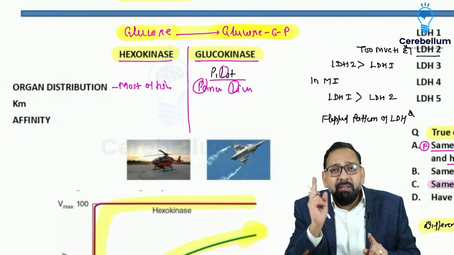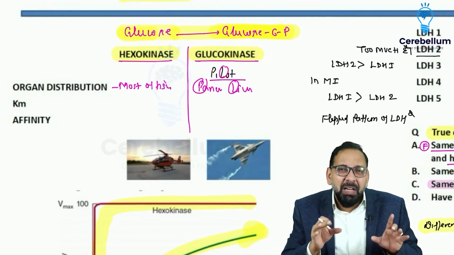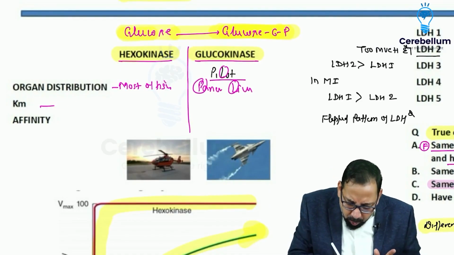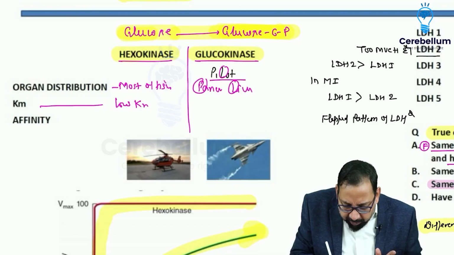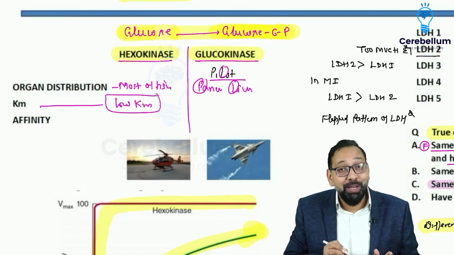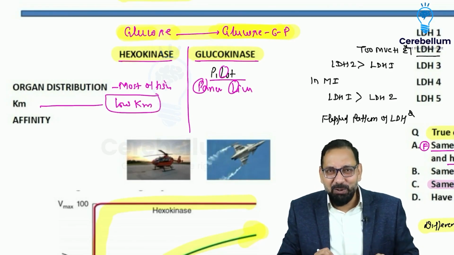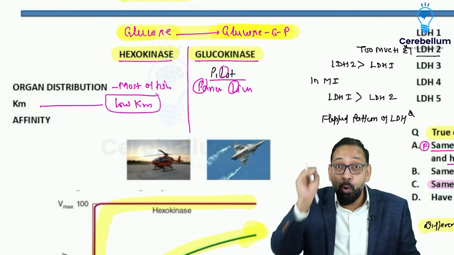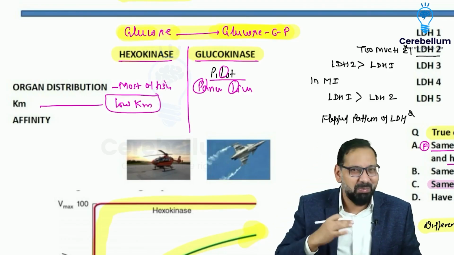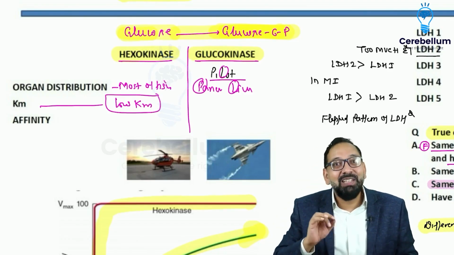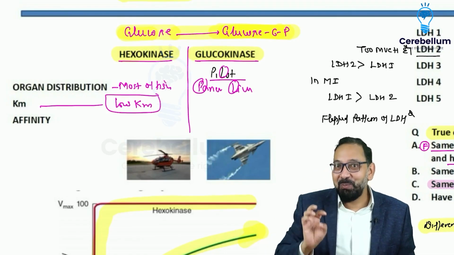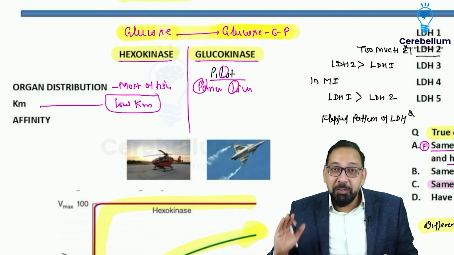If you want to travel a short distance, you will take a helicopter. Yes, low kilometer. Although Km is the Michaelis constant, we will remember low kilometer, you will use helicopter. If you want to drop a bomb on another country, Pakistan, yes, but we don't do like that. Yes, we drop love. If you want to drop love to Pakistan, you will use jet.